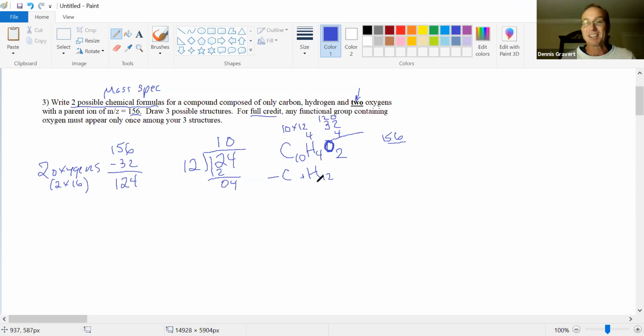So bring in 12, take away 12. The mass will still be 156, but now your formula can be C9H16O2, and that's a much more reasonable distribution of hydrogens per carbon. It's a little less than twice as many, but that sounds reasonable. 4 hydrogens with 10 carbons, yikes, that is really low on hydrogens.